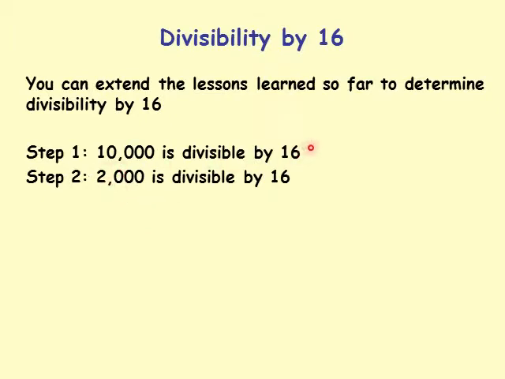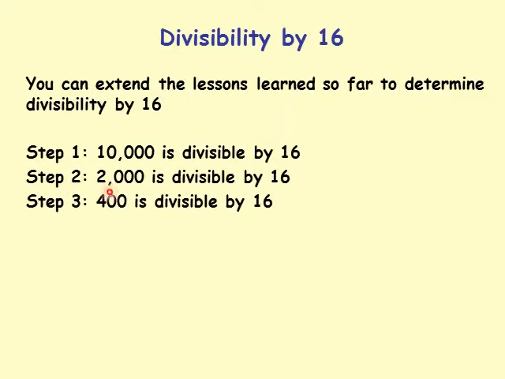The remainder from the first step, I use as the dividend in the next step, divide by 2,000, and look at the remainder. In doing so, we take away all the 2,000s we can, and anything left over is the remainder, and then we worry about whether that remainder is divisible by 16.